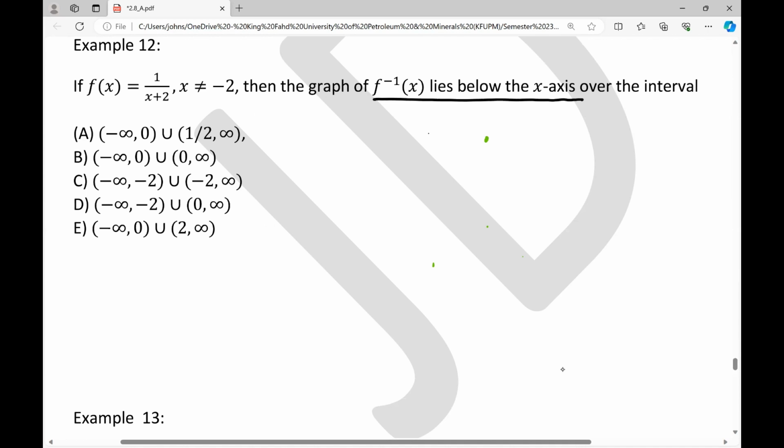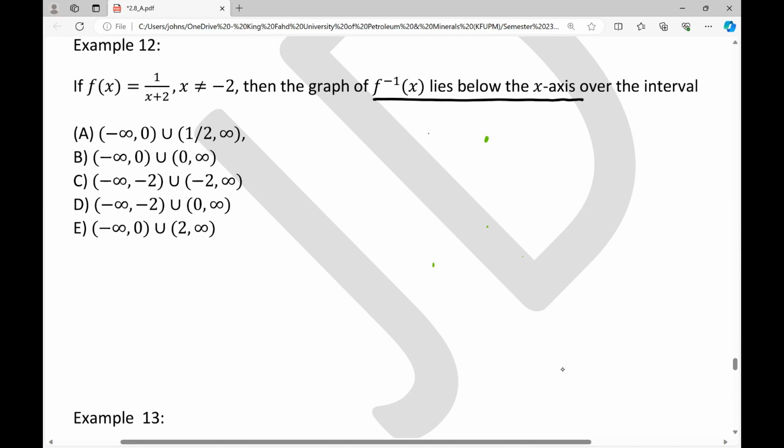So how do you solve this type of question? You have two ways. The one way is to graph F inverse and see where it is below the x-axis. And the other way is just to use the analytical method, which we'll see.